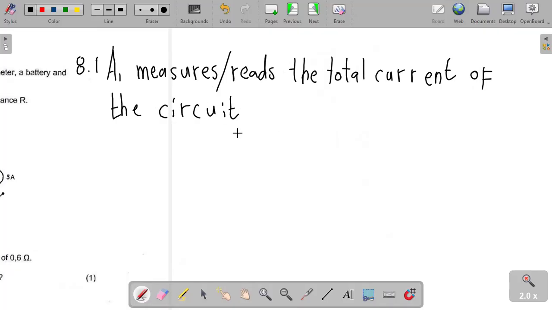That is the function of A1, because the current that passes there is not yet divided. So it will measure the total current of the circuit.